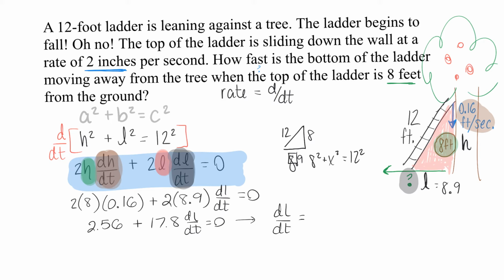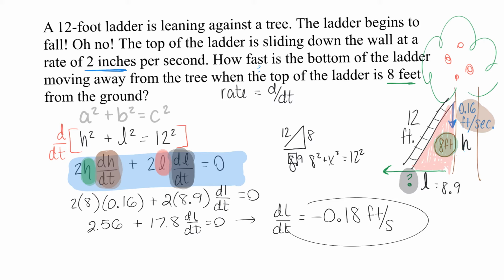And if I do that, I get negative 0.18, and I was dealing with feet per second. That negative means it's decreasing. So the rate at which this is changing is not equal to the rate at which the height is changing. That's why we have to do this.